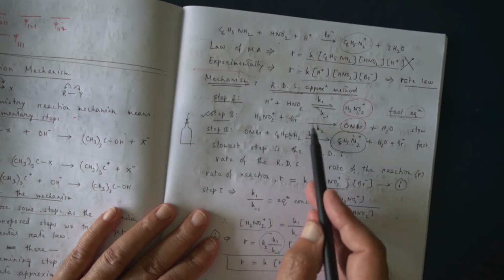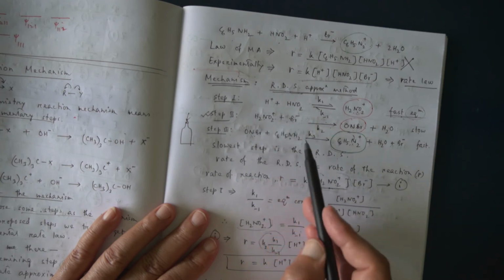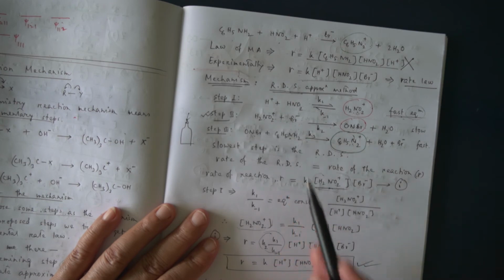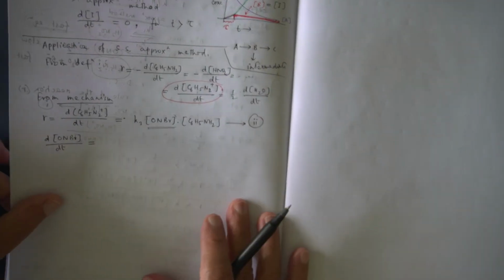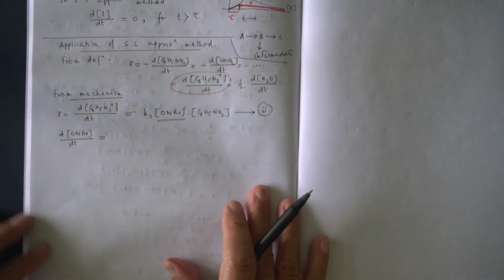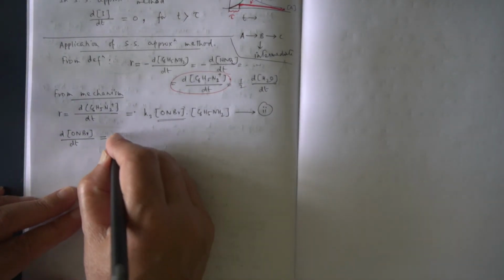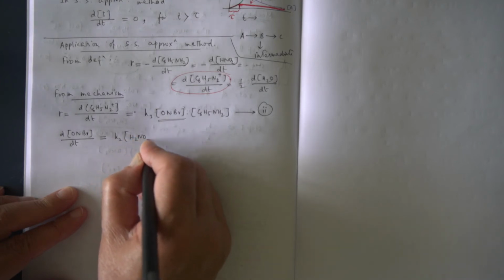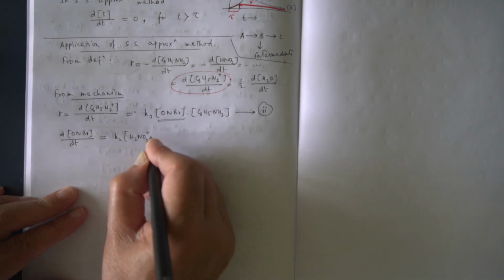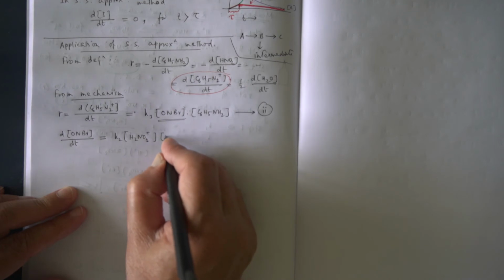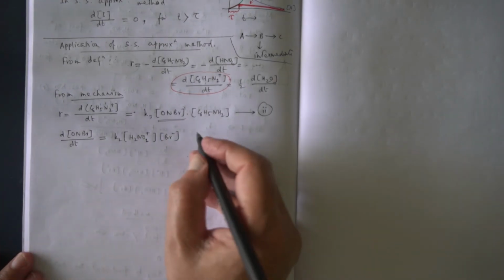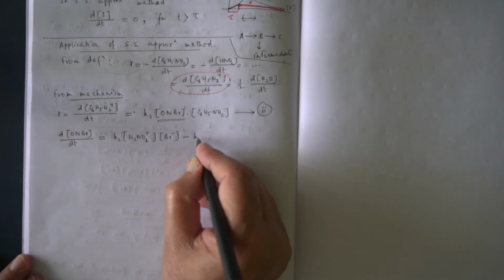So if this term is positive, this term will be negative. So plus K2[H2NO2+][Br-], this is positive because it is a product. Now this is negative.